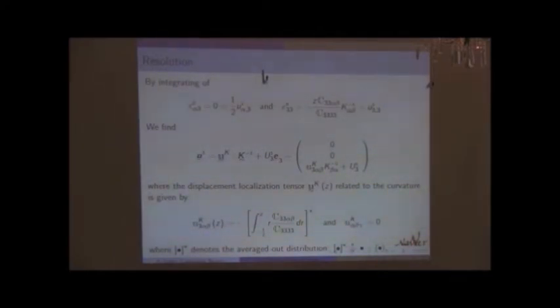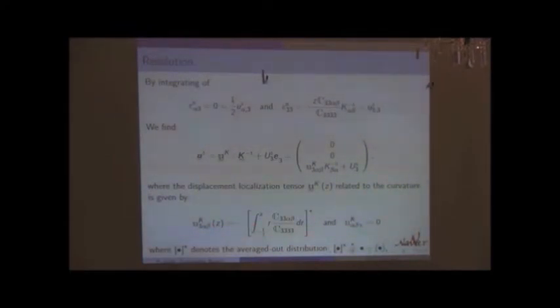So this is a displacement localization tensor giving you the out-of-plane displacement as a function of the curvature at this order. We just contract, and those contractions are just the basic use of the superposition theorem, thanks to linearity.